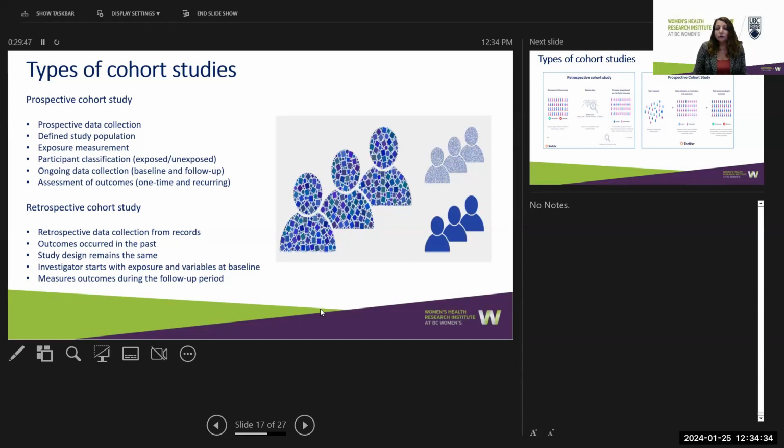When we have an outcome, we can measure it as occurring one time or recurrently. For example, if you're looking at a disease such as HIV, it will be one time. Our cohort includes people that are HIV negative at baseline, and, for example, when there was the HIV pandemic in BC in the early part of the century, we can look at them and see how many people had incident HIV.